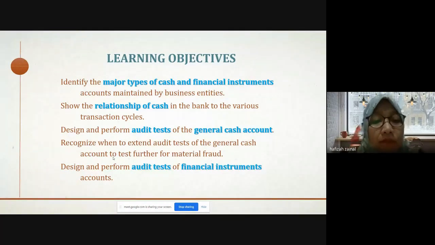Okay, all right. So we will do all the audit tests. Normally we will do the testing of the general cash account and also financial instrument. So again, it's the same thing as before.